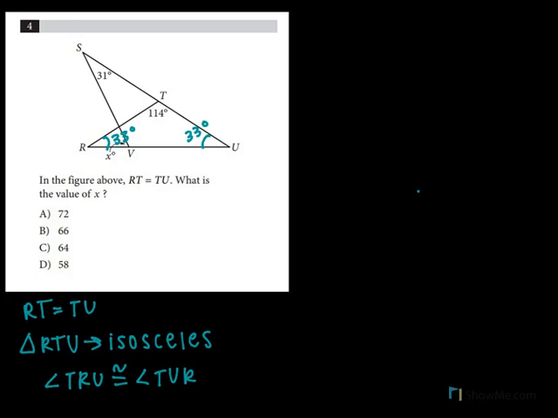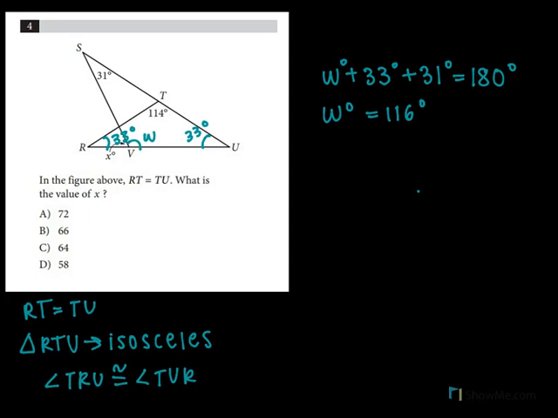So let's write this out as, let's say this angle right here is W, and we can say W plus 33 degrees plus 31 degrees equals 180 degrees. So subtract 33 and 31 from both sides, and we would have W equals 116 degrees.